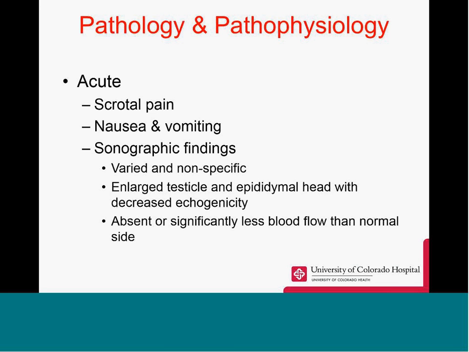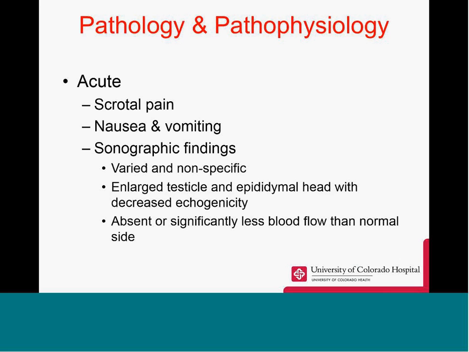The acute type, the patient's going to present with scrotal pain, possible nausea and vomiting. Initially, the testis becomes enlarged with the normal echogenicity and later becomes heterogeneous and hypoechoic compared to the contralateral normal testis.